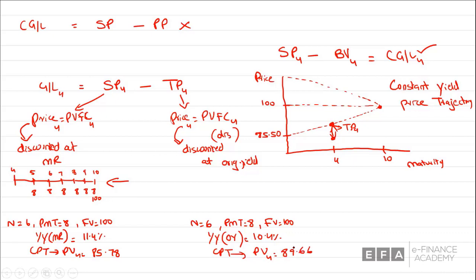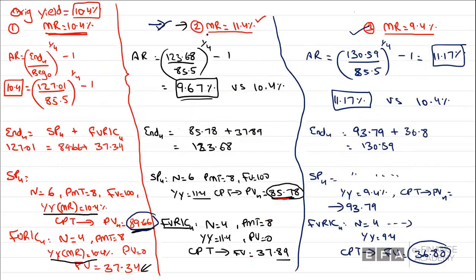So we got our trajectory price. The trajectory price is 89.66, while the selling price is 85.78. If we use the formula, which is 85.78 minus 89.66, the gain or loss that we get is minus 3.8, which means there is a capital loss. So we have found the capital loss in scenario 2.